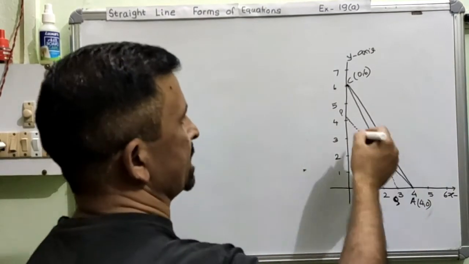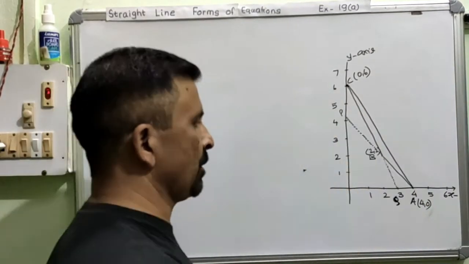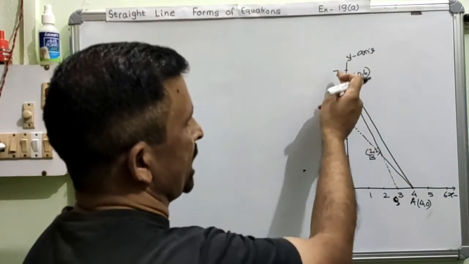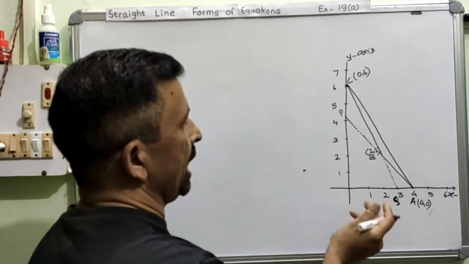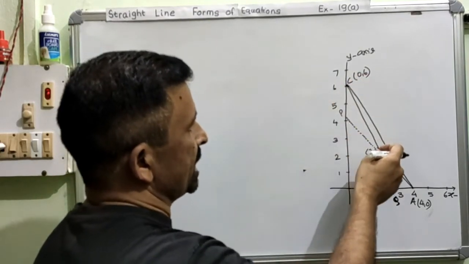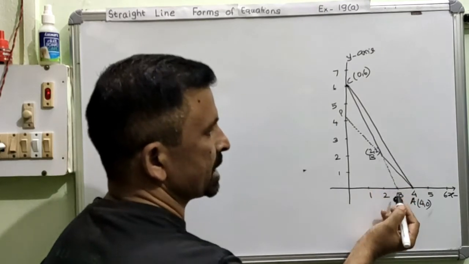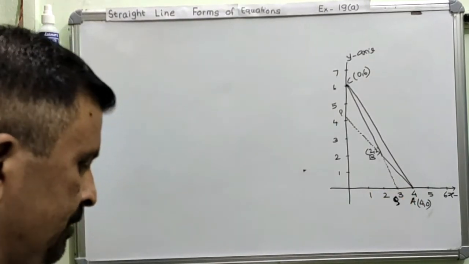This is just roughly extended. Is this very clear? So we have extended the side AB and it met the y-axis at a point P, and then CB is produced to meet the x-axis at a point Q.